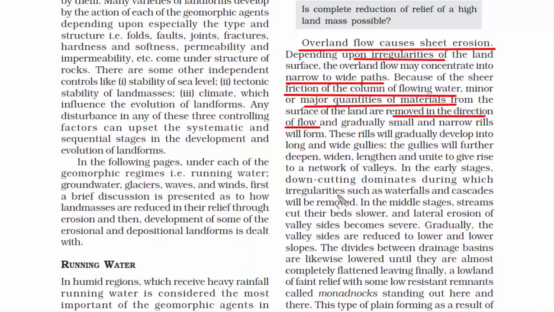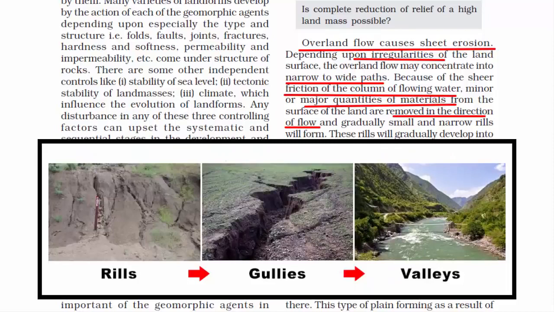And when earth materials like mud and rock are removed, small and narrow rills will form. Rills are these designs that you see on the soil. Then moving forward, these rills will gradually develop into long and wide gullies. I guess we all know what gullies are. The gullies will further deepen, widen, lengthen, and unite to give rise to a network of valleys.